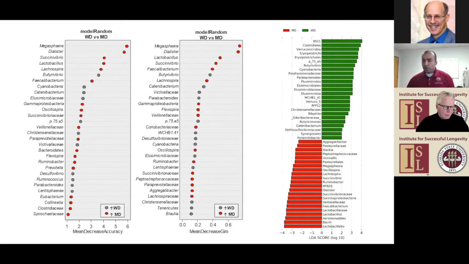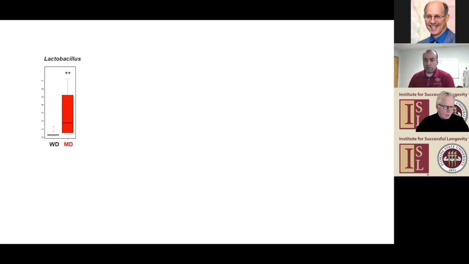So we performed a lot of machine learning algorithms to identify what is going on at the level of bacterial genera and species. And we found a lot of bacteria that were significantly or uniquely regulated by the Mediterranean diet, compared to some other bacteria that were uniquely modulated by the Western style diet. And we finally found that there are a few selected bacteria.